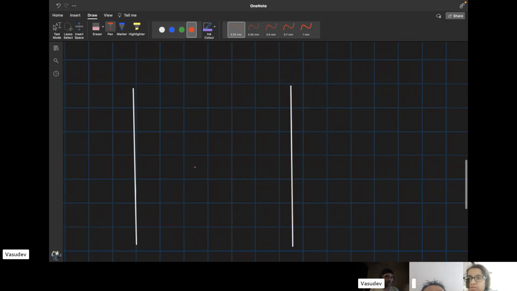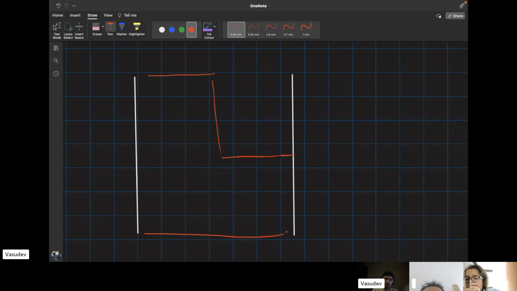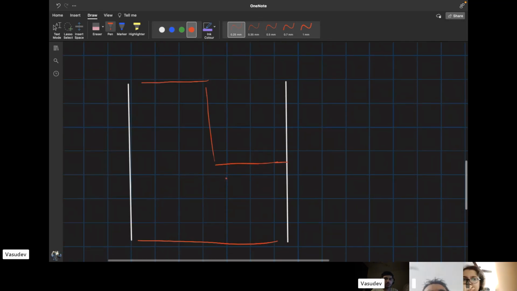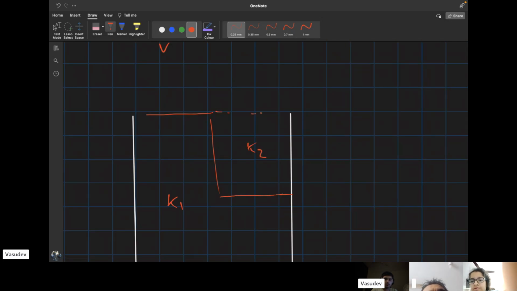I'm still not getting what you're saying. Draw an L. Okay, something like this. Yeah, correct. This is K1. Mark it K1. Okay, that's K1. That's K2. Now I am to find the equivalent capacitance.